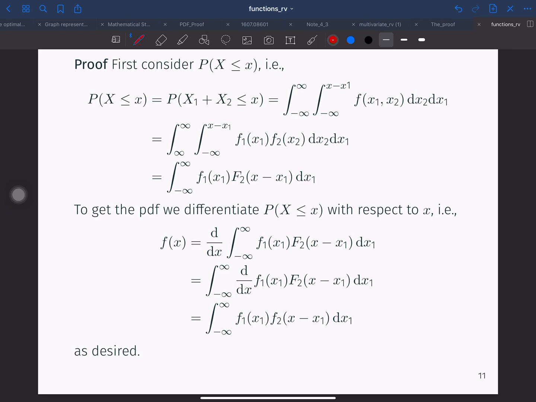I just need to compute the probability that capital X is less than or equal to little x. So now I just have to worry about the limits of integration. X1 can go from negative infinity to infinity, where I assume the joint PDF is 0 if x1 and x2 are not in the support.